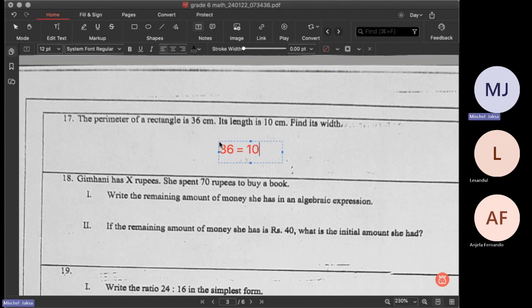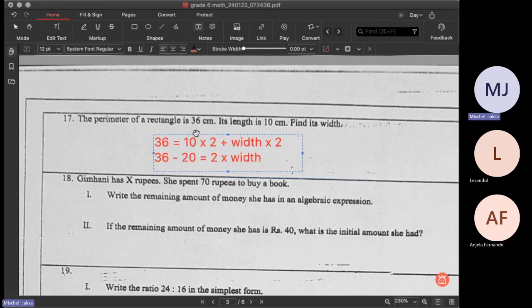it is equal to 10 times 2 plus width times 2. So 36 minus 10 times 2, which means 20, is equal to 2 times width.